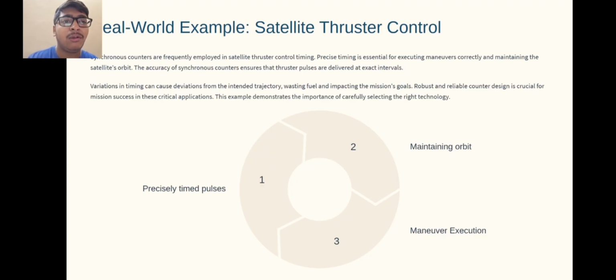Variation in timing can cause deviations from the intended trajectory, wasting fuel and impacting the mission's goal. Robust and reliable counter design is crucial for mission success in these critical applications. This example demonstrates the importance of carefully selecting the right technology. One, precisely timed pulses. Two, maintaining orbit. And three, maneuver execution.